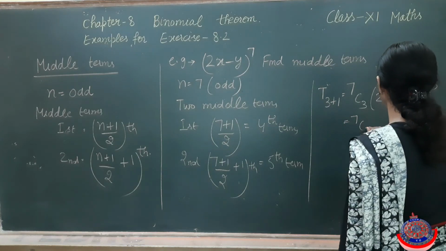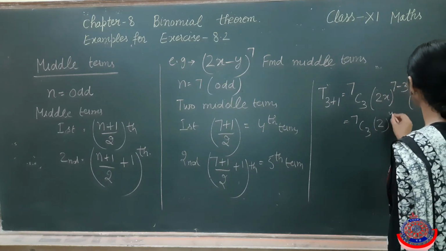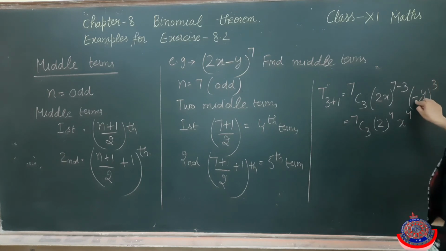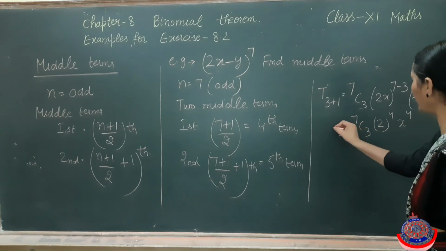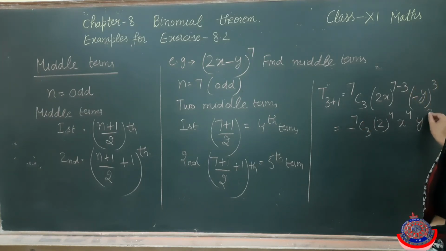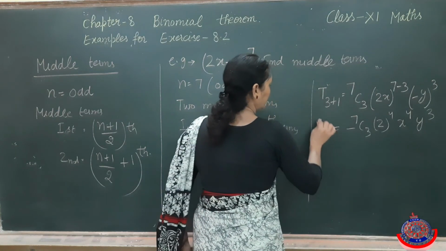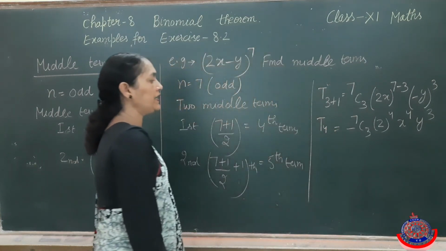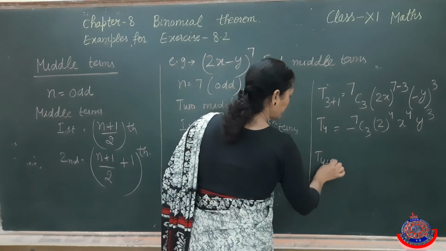So 7C3, 2x power 4 means 2 power 4, x power 4, minus y power 3. Whenever this power is odd, the minus sign will exist. So the answer is negative, with y power 3. Solve this, you get your answer. And the other middle term would be the fifth term. Fifth term means r is 4.